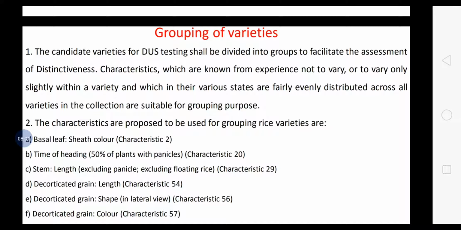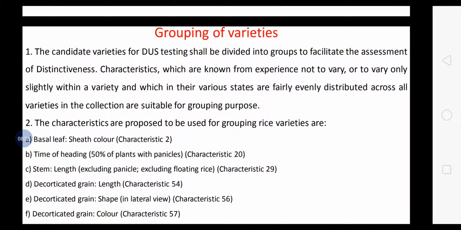Grouping depends on the characteristics which are known from experience not to vary or to vary only slightly within a variety, and which in their various states are fairly evenly distributed across all varieties in the collection, are suitable for grouping purpose. That means the varietal characteristic should have high heritability.